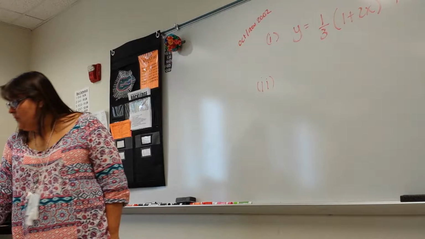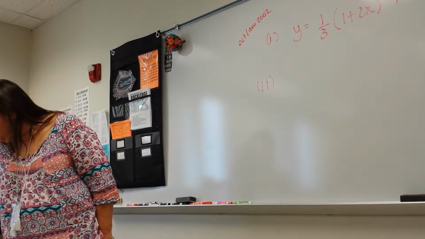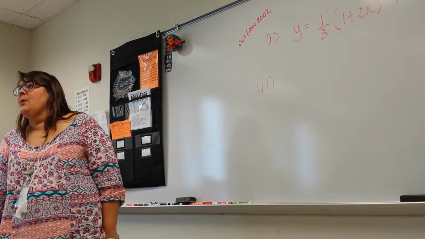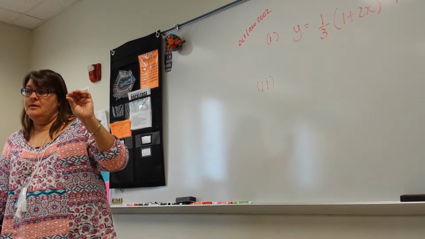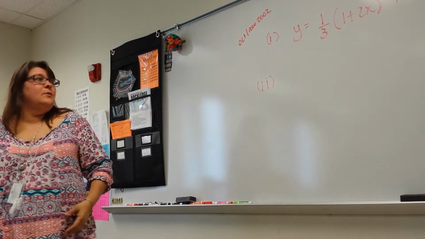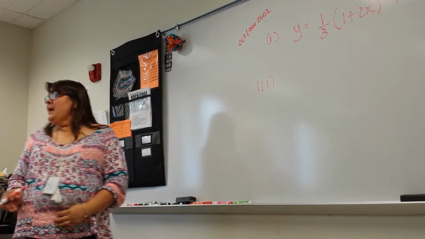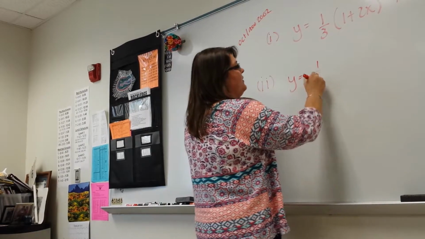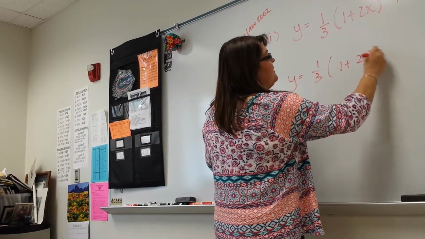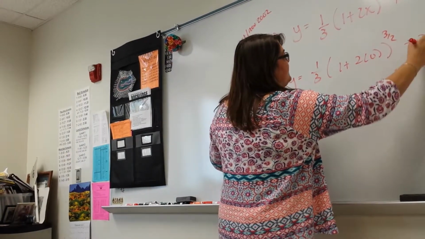Okay, so this one wants me to find the point at which a curve intersects the y-axis. What do I know about something that intersects the y-axis? Specifically, x is 0. So plug in 0 for x. y is equal to 1/3 times (1 plus 2 times 0) to the 3/2, plus 2.